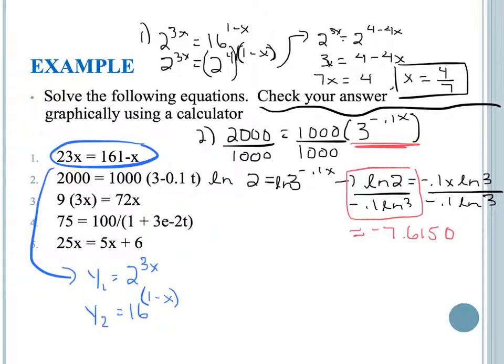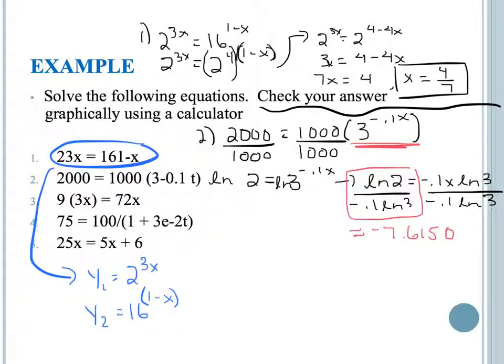And then I'm going to try to graph the two of those on the same screen. And I can see that those two exponential graphs do intersect in the viewing screen that I'm looking at. Somewhere, you know, it's nice and positive.